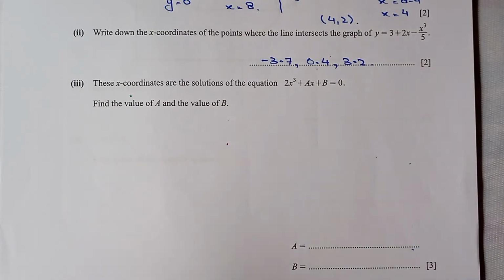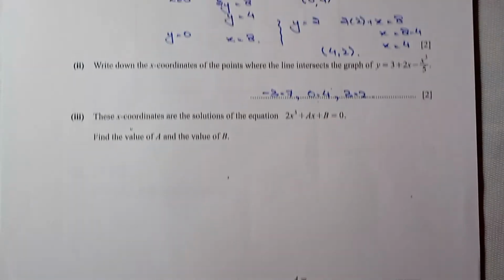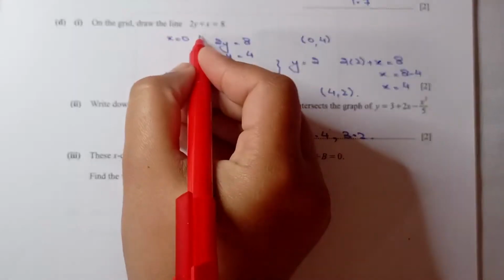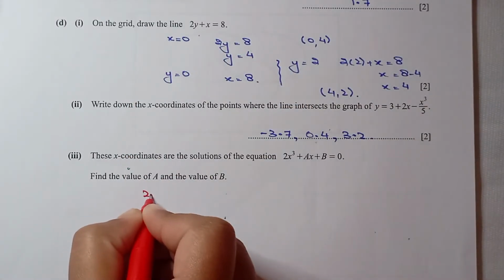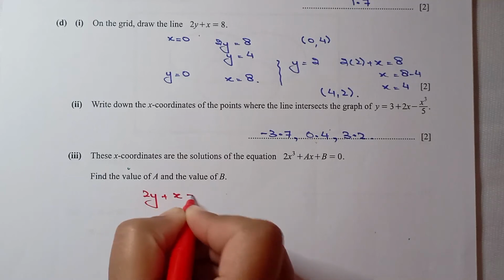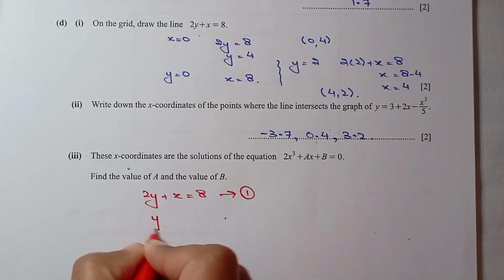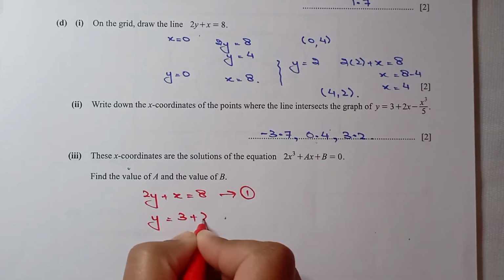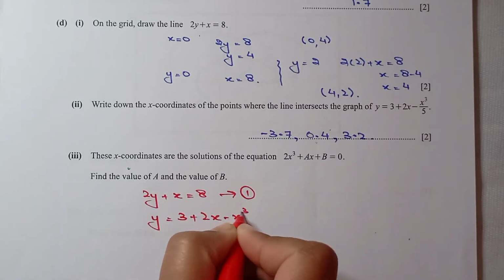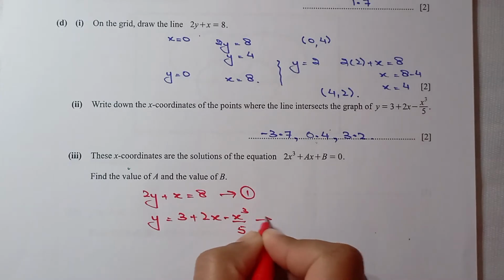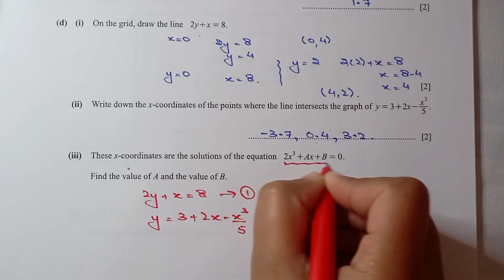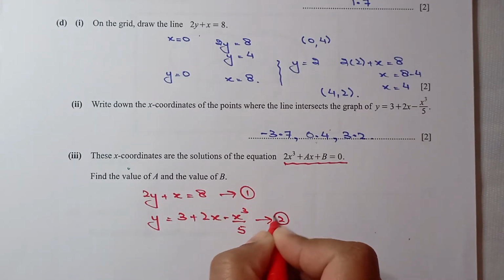Okay, so we have been given 2 equations. The first one is this, that is 2y plus x equals 8. This is the first equation, and the second is this, y equals 3 plus 2x minus x cubed over 5. We can simplify these two equations to form this one, my second equation.